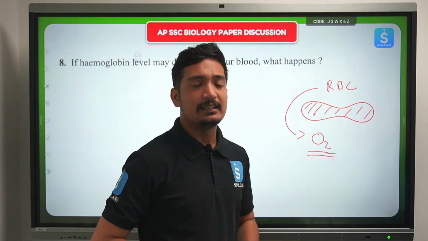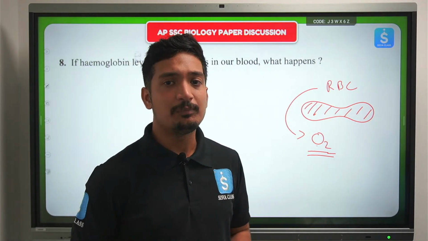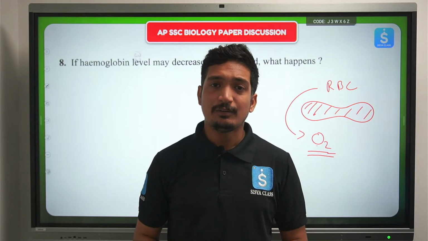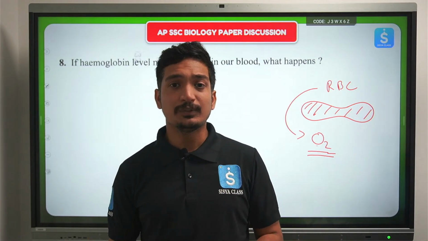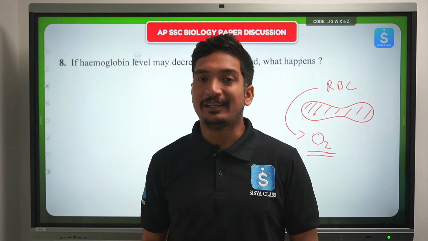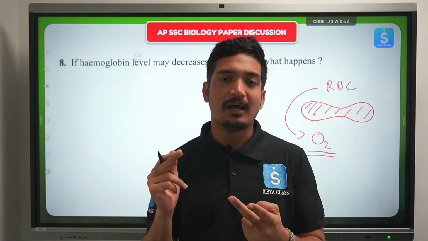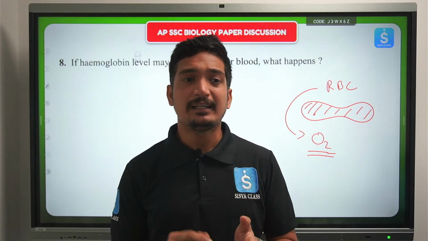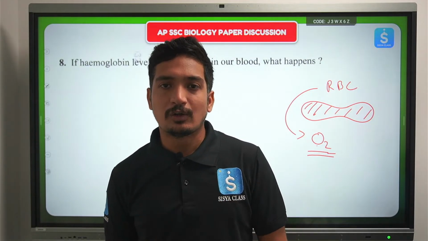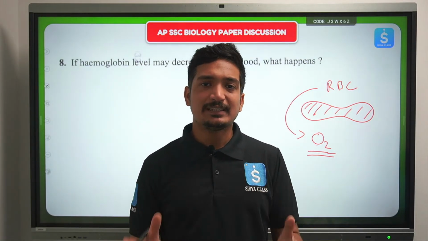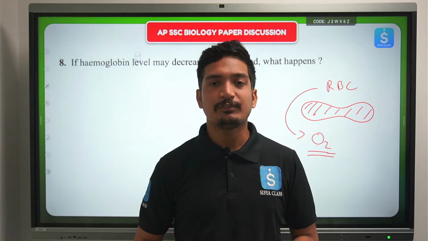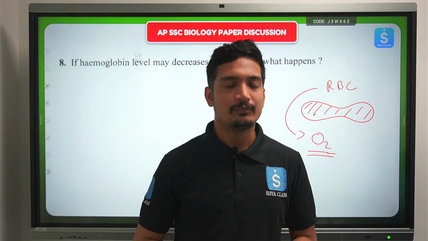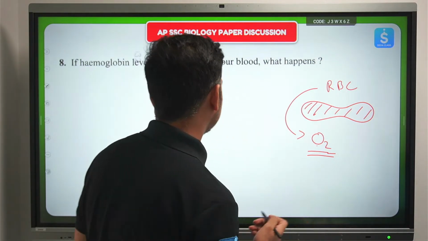If oxygen is less, the amount of energy our body creates will be less, and in that case I will not feel energetic. I'll feel fatigue, I'll get dizzy, and I'll not have any motivation to work. At times I can also faint out of dizziness. All of these things can happen if the amount of hemoglobin is reduced to a very drastic level. So we'll write it over here.